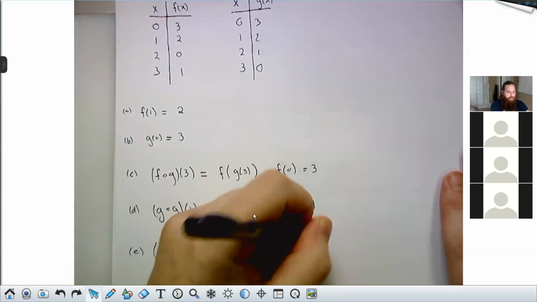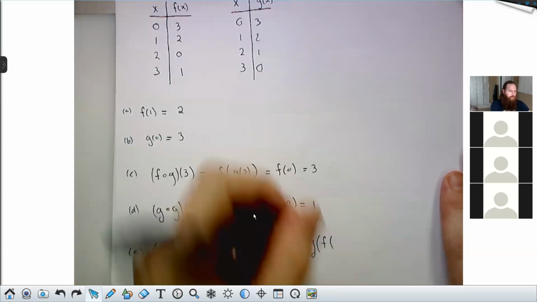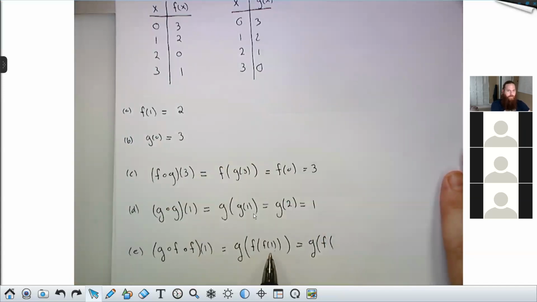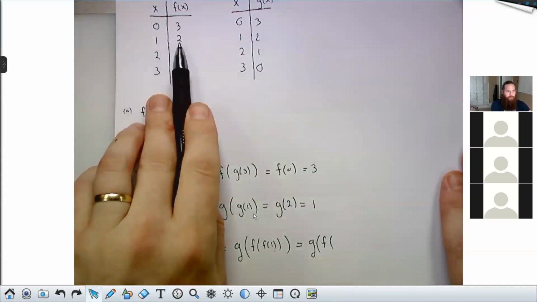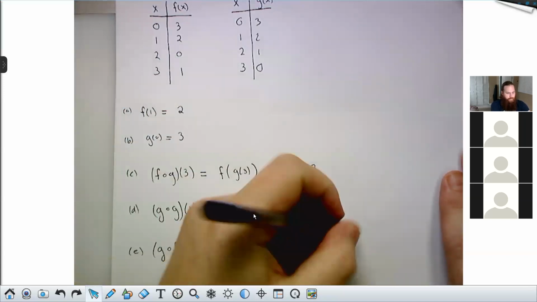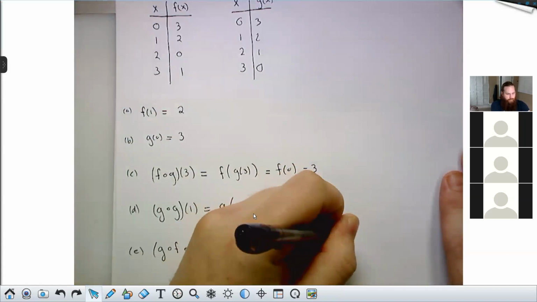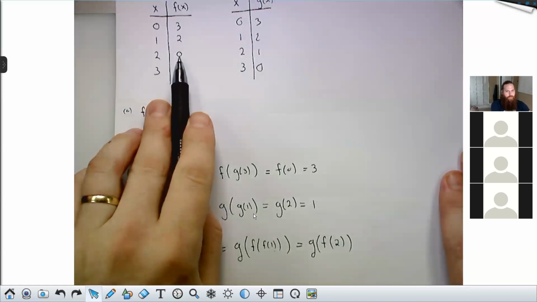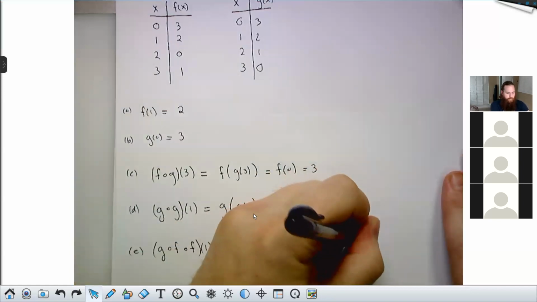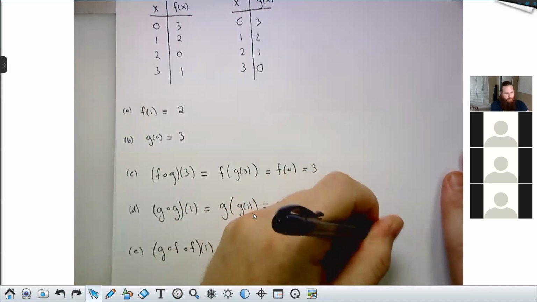So whatever this is, it's g of f of, and then what is f of 1? f of 1 is 2. So this is g of f of 2. Okay. But what's f of 2? That's 0. So this is g of 0.